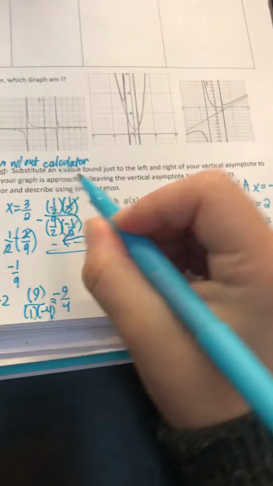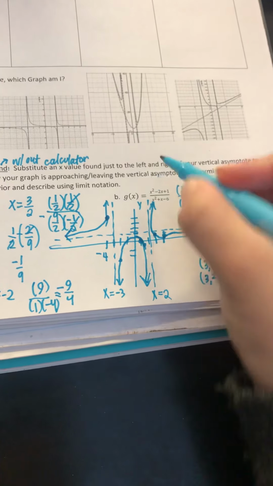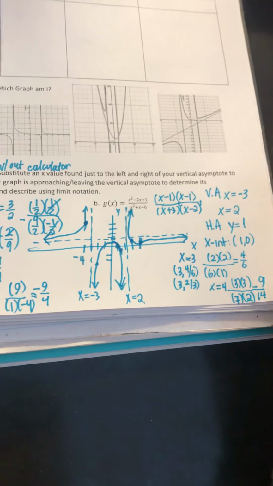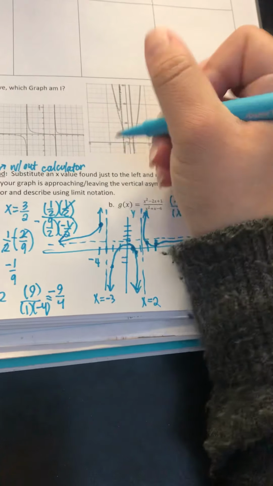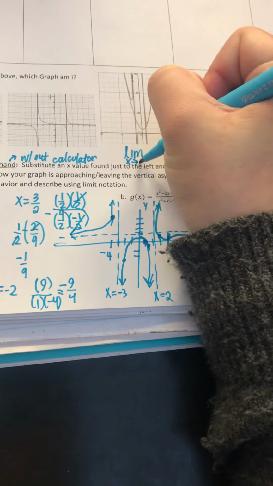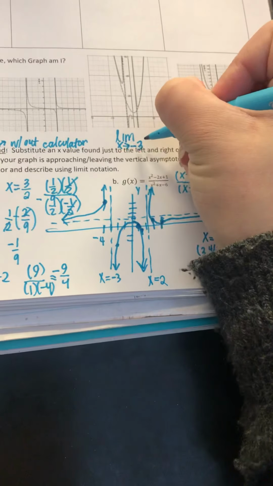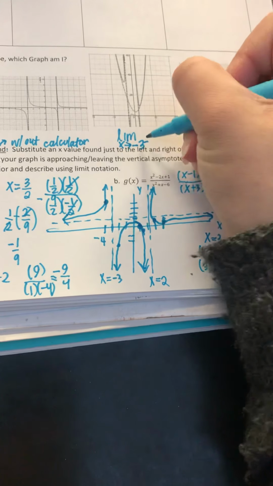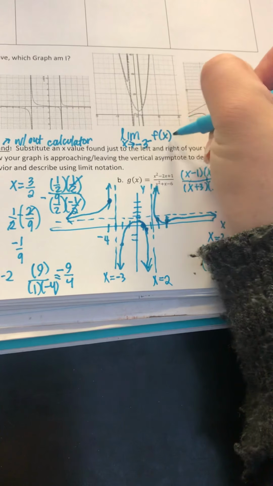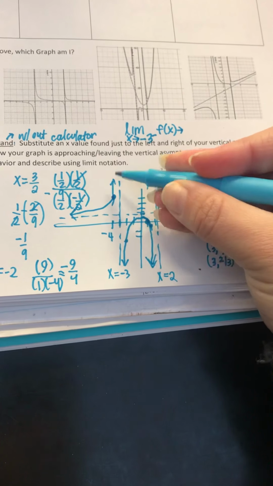We do need to talk about what's happening at the asymptotes. So I'm going to go ahead and probably write that up here because I'm low on room. Sorry about that. So I'm going to say the limit as x goes to negative 3, that's this asymptote here, from the negative side, so from the left side, f of x, where is it going to?